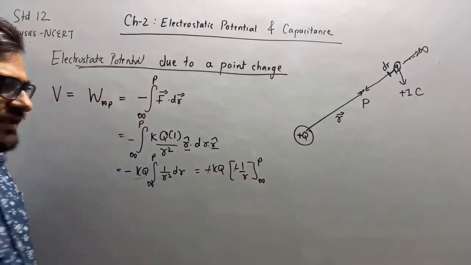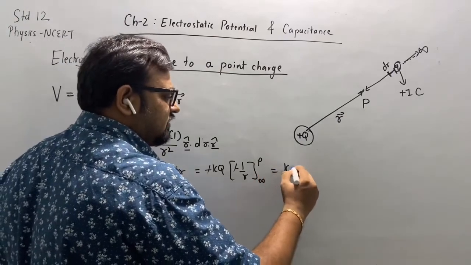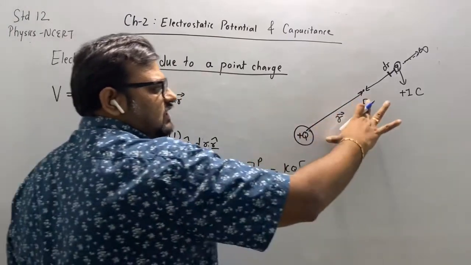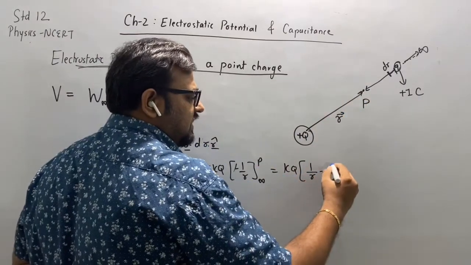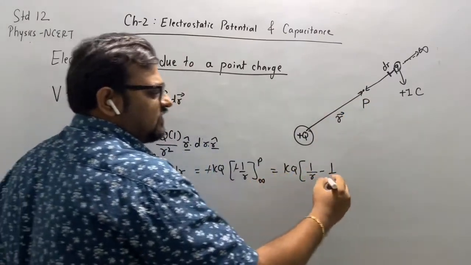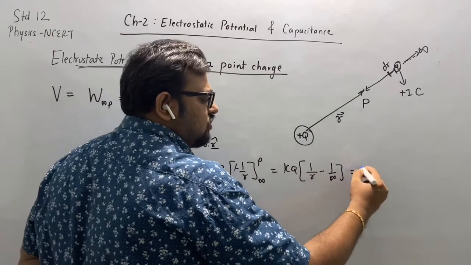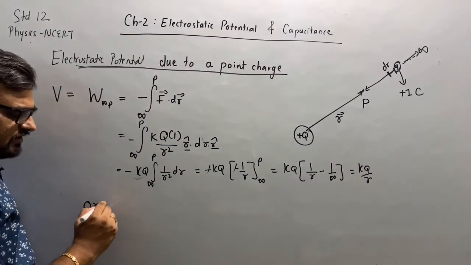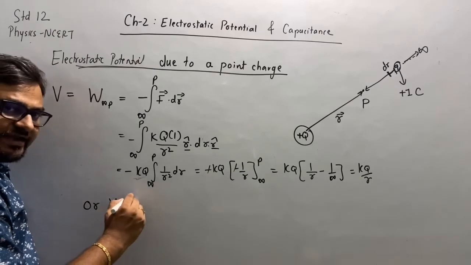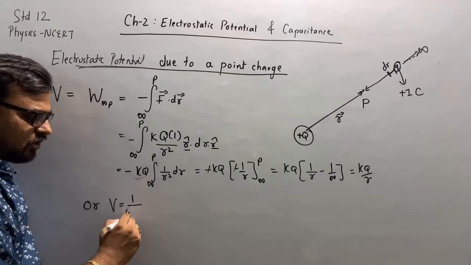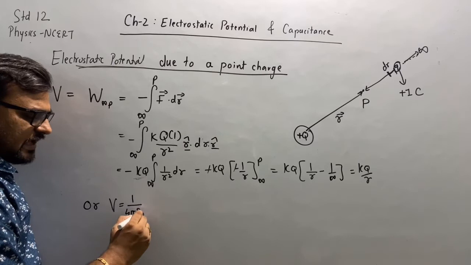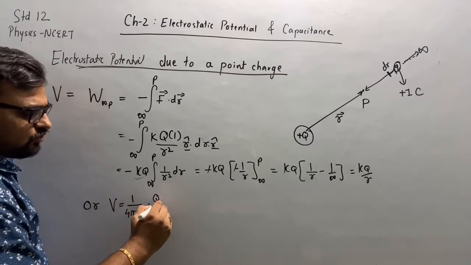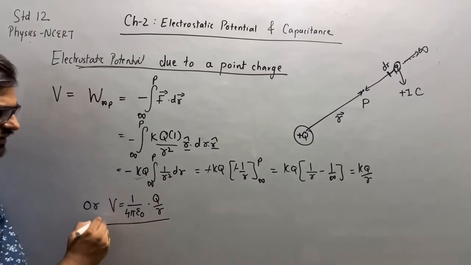Minus minus will get cancelled, so kq times 1 by r, the position of p, minus 1 by infinity. 1 by infinity is 0, so it is kq by r, or instead of k, I can write 1 upon 4 pi epsilon 0 times q by r.